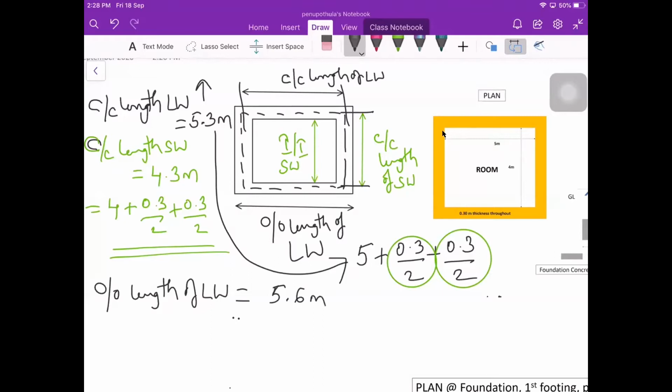Is there any formula for it? How did you get this? What is the formula for it? In the last class, I have already given some formulas for it. What is that? Out length of long wall into in length of long wall into in length of short wall. Can someone say?